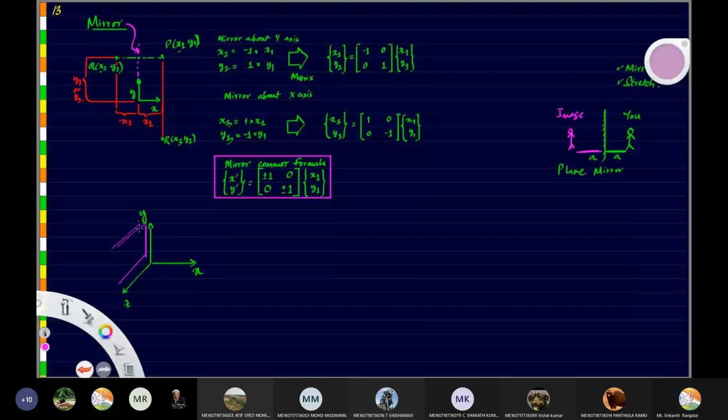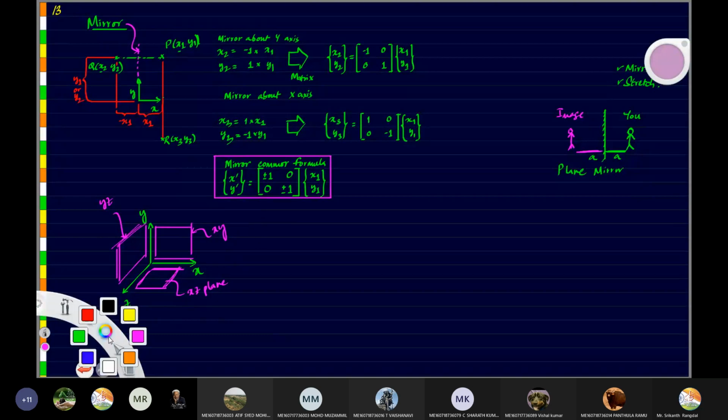So this plane here is called the YZ plane. This plane here, what is this called? XY plane. And this plane here is the XZ plane. So if you are mirroring about XY, XZ, or YZ, that's where the mirror formula will be different.